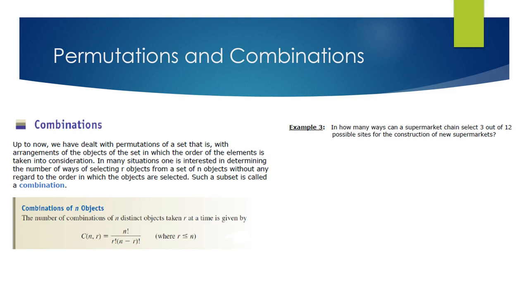A combination, on the other hand, is basically an arrangement where the order does not matter. So if I just say I'm picking 3 people out of 5 to do this project, but they're not assuming any particular role, then me saying I'm picking Tom, Jane, and Eric is the same as me saying I'm picking Eric, Tom, and Jane.